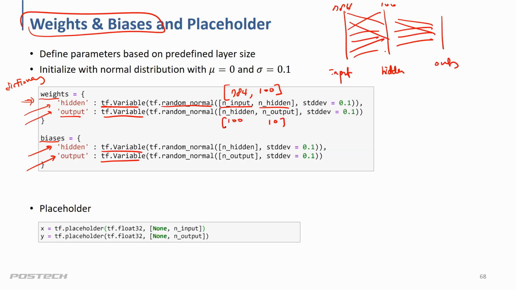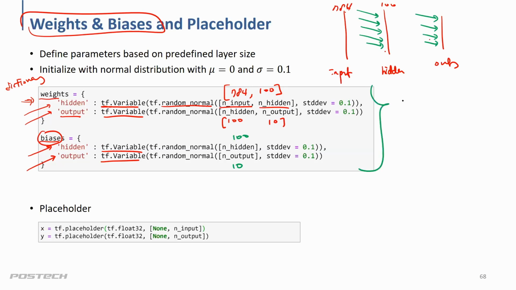So that's the number of weights. And what about the bias? Bias is a little different. So bias is 100 and 10. Take a look carefully. Basically you put the structure in it.